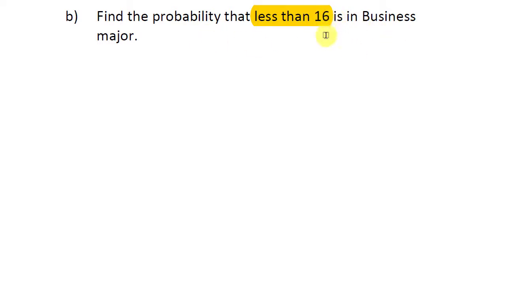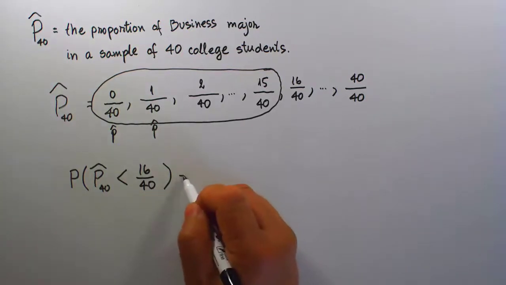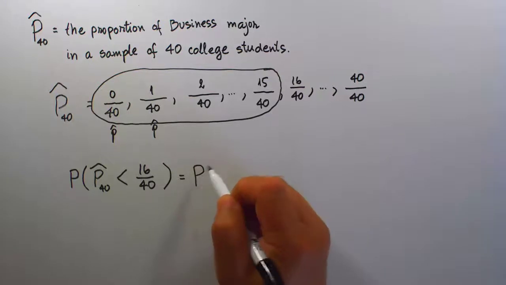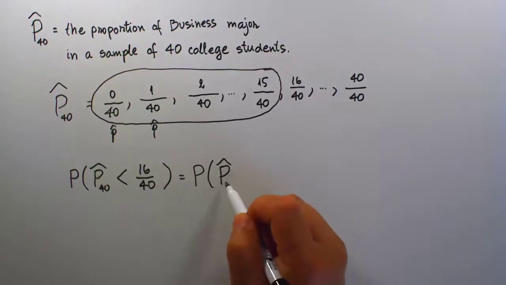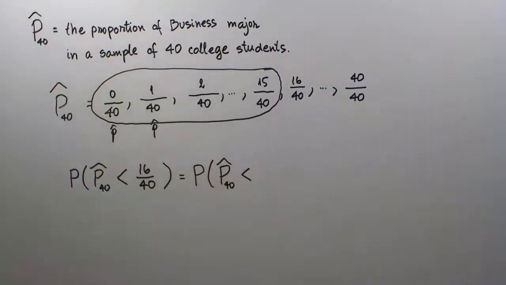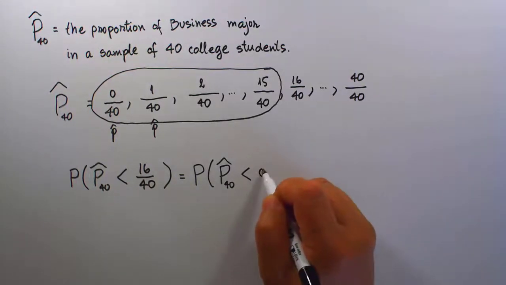Of course 16 is connected with the information in part A, 16 out of 40 in our sample. And 16 out of 40 as a decimal is 0.4. So I'm rewriting that symbolic statement: we're looking for P hat 40 being less than 0.4.